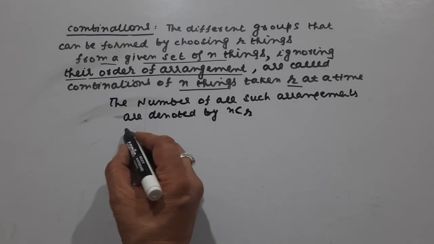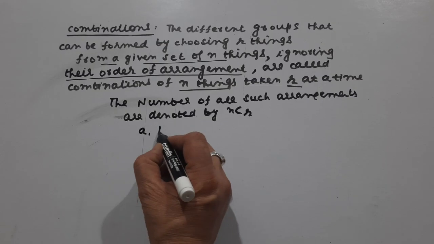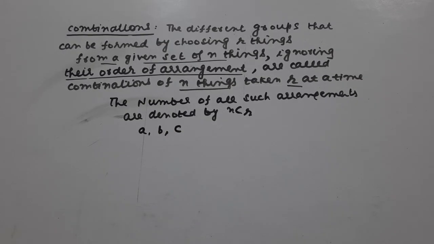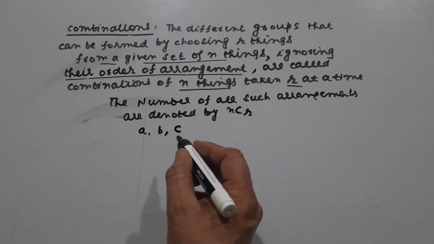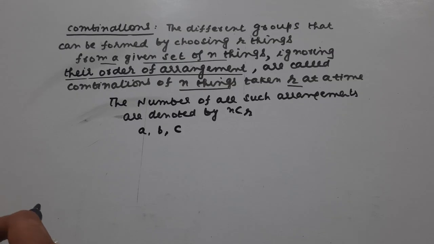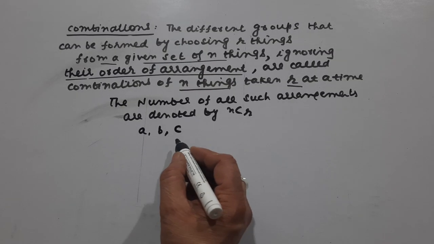Now let us take an example. Suppose we have three letters A, B, and C, right? And we want to make the combinations taking two letters at a time.